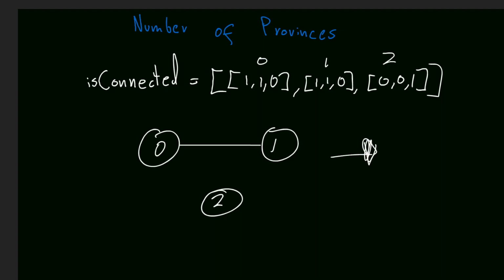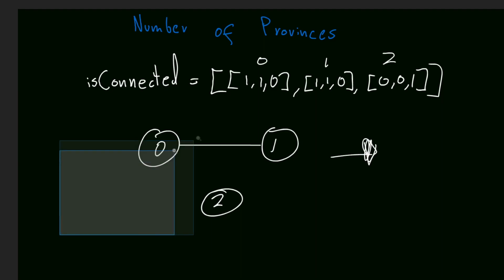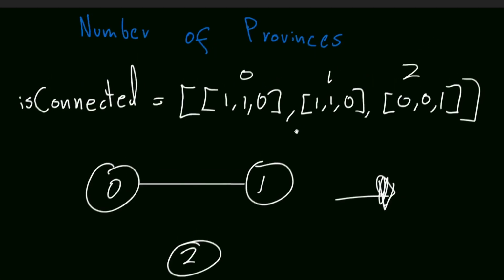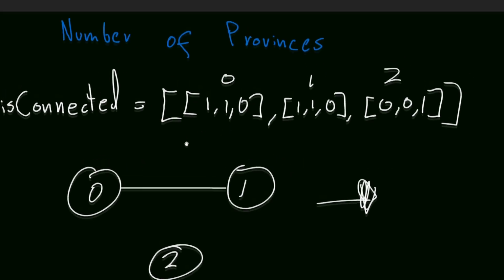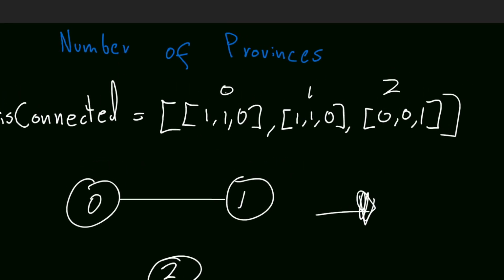As you can see, this is one of the examples they give you. This is quite simple. The isConnected matrix tells us which cities are connected to which cities. For index 0, meaning city 0, city 0 is connected to itself. It's also connected to city 1, and it's not connected to city 2.